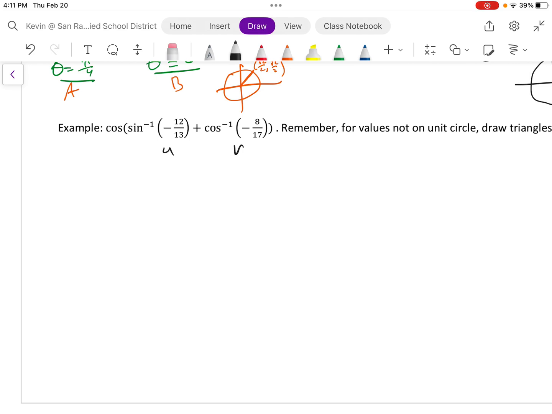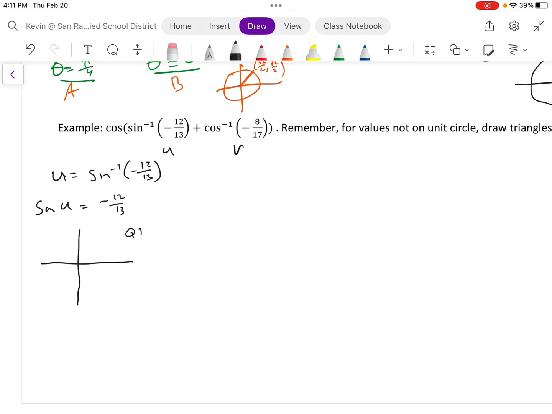We'll call this U and V. The angle U equals arc sine of negative 12 over 13. So the sine of U equals negative 12 over 13, opposite is negative 12.